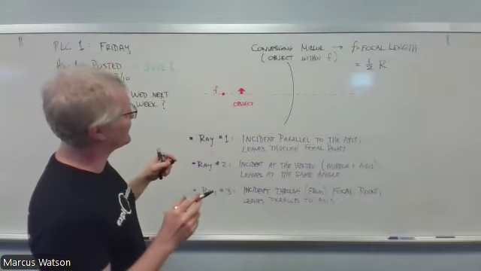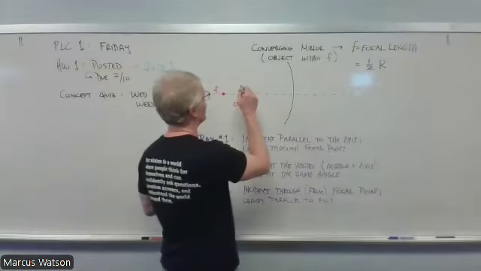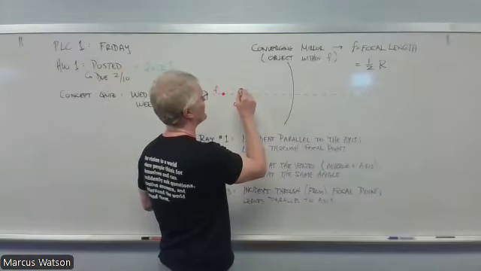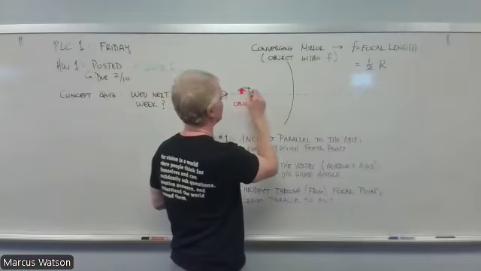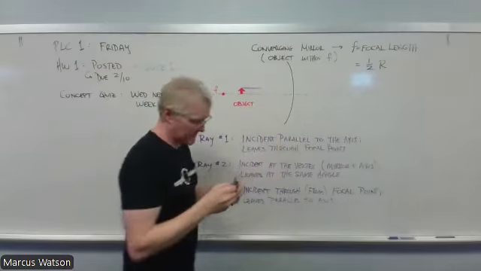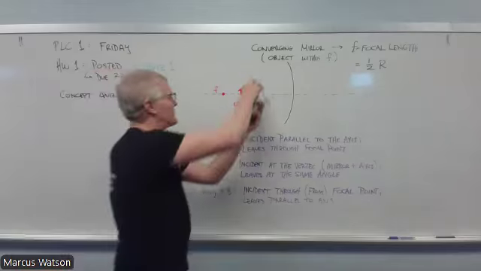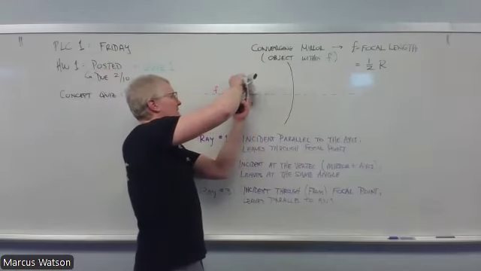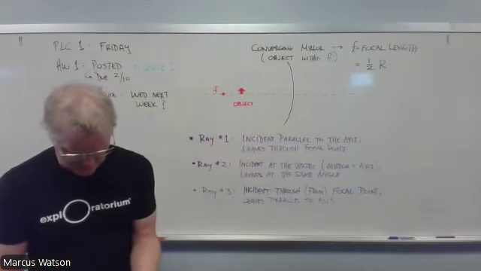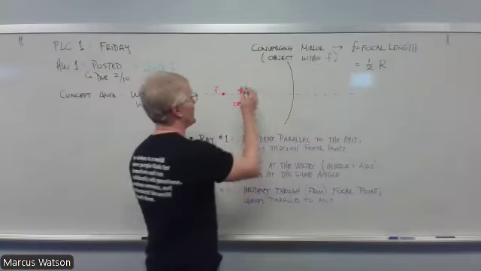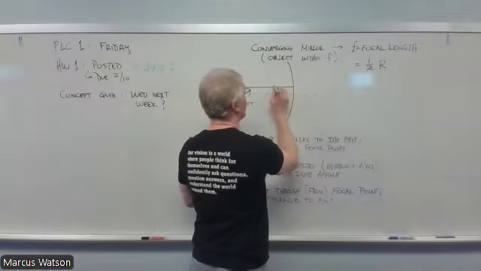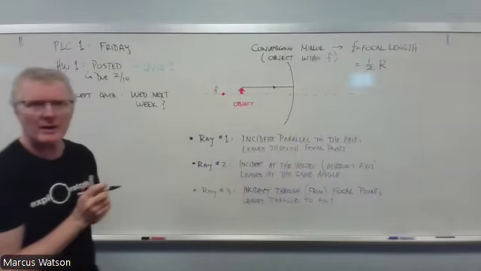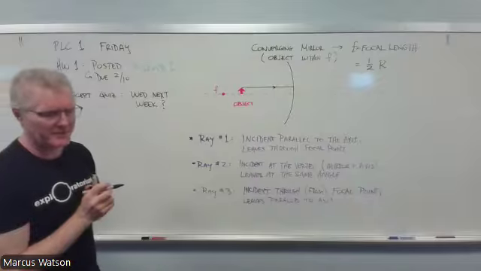This is going to get a little tight on this one, but I'm going to have to make it work. Actually, instead of doing that one, that one's just too thick. Let me do this one. Okay, so parallel incoming ray.